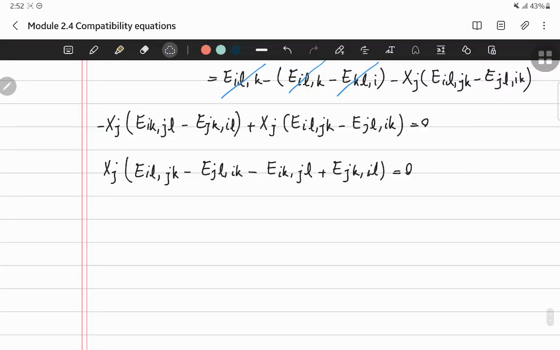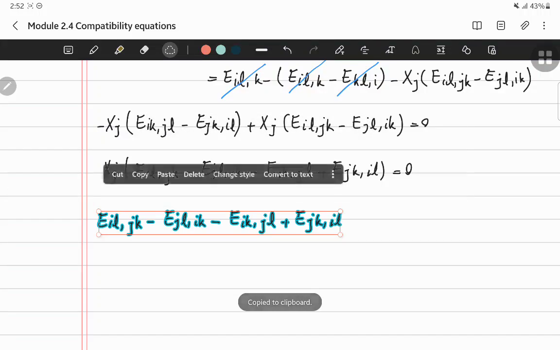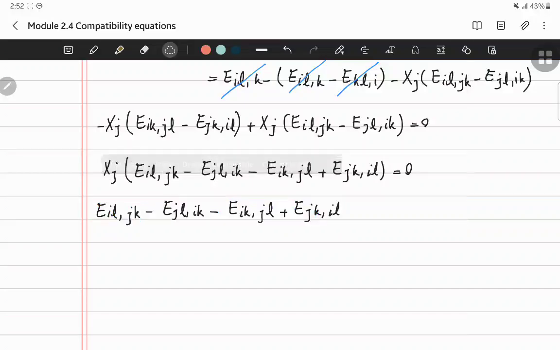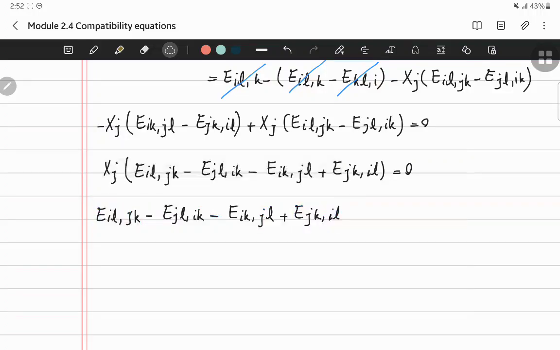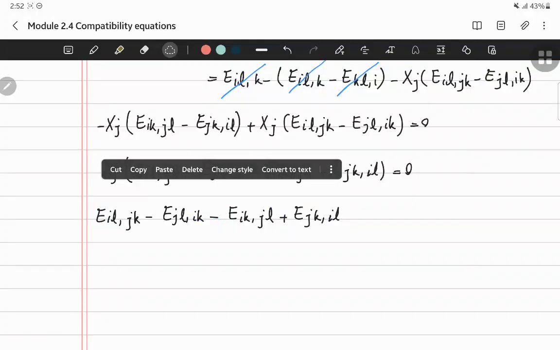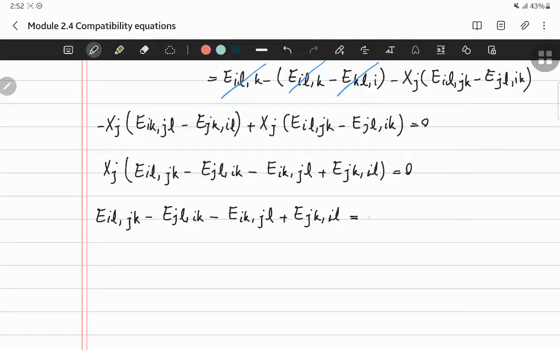So copy and paste it here. This is equal to 0.